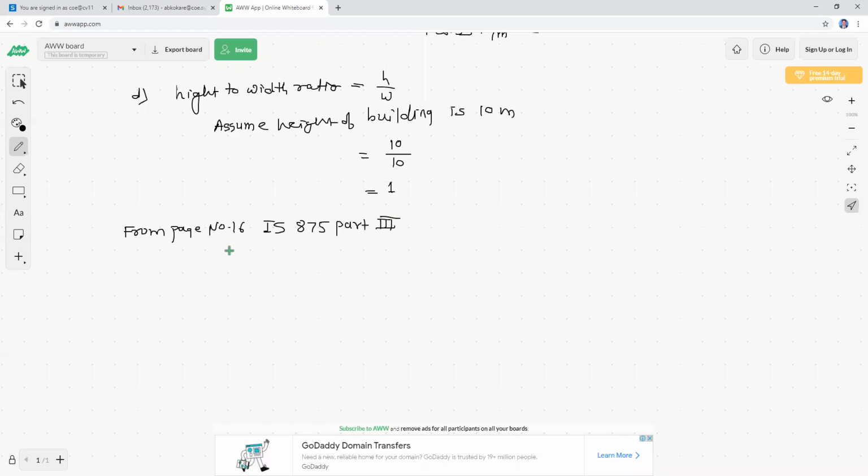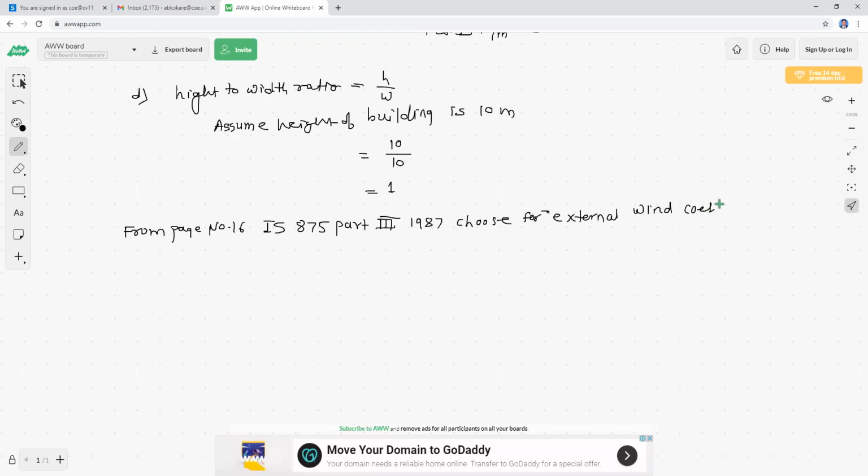Now page number 16, whatever page I have sent on WhatsApp to you, this page is required. Write down. Choose for external wind coefficient. This IS code and page number we require.